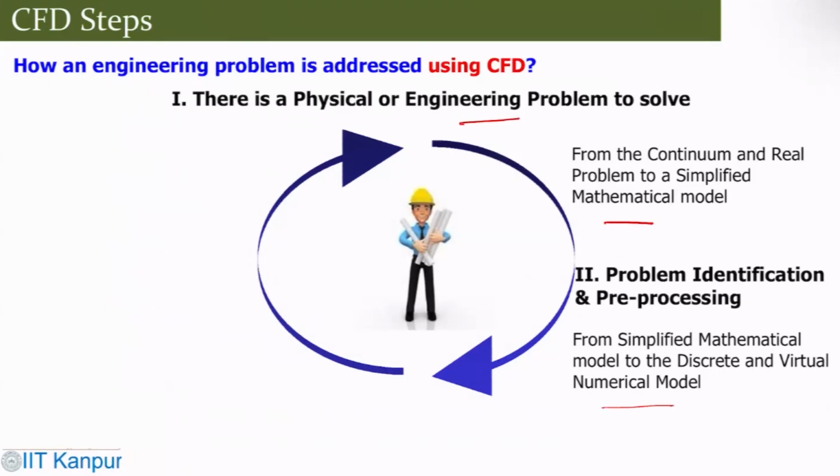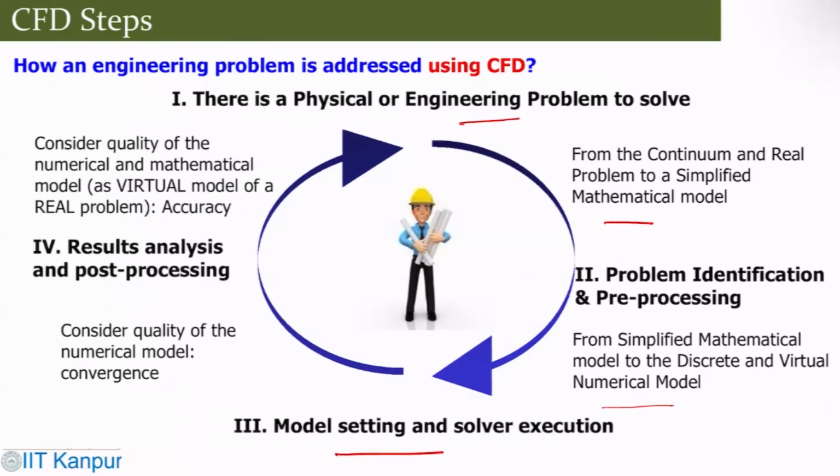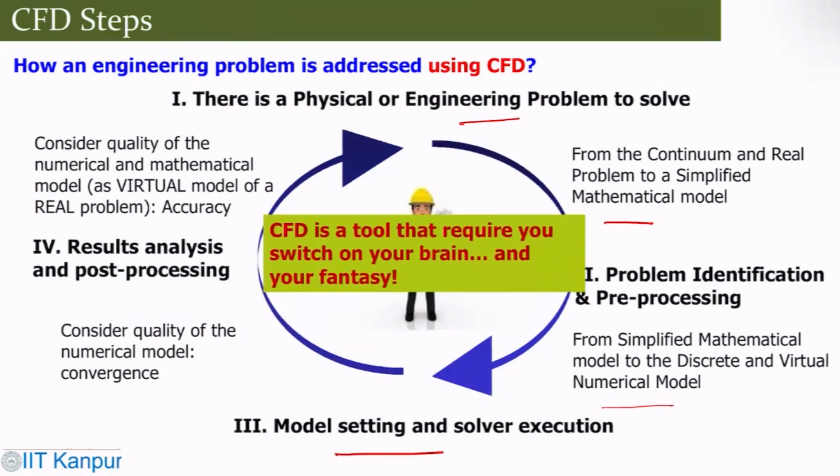This is your pre-processing, then model setting, then finally you solve the problem. It's a tool that requires you to switch your brain and your fantasy. Essentially, you identify the problem and its governing equations, convert it to a mathematical problem, do the programming, set up instructions for the computer to solve it, whether a single computer or over an HPC environment, get the simulation result, and then analyze it and use it for design purposes.